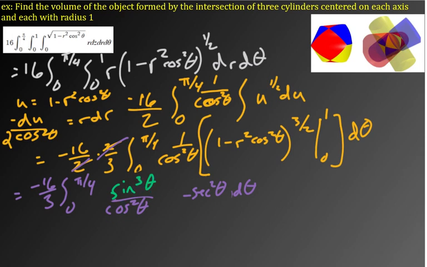So there's a little trick that I kind of think of for this stuff. So if I get something like that, sine cubed, right, is of course sine times sine squared. And sine squared is 1 minus cosine squared.